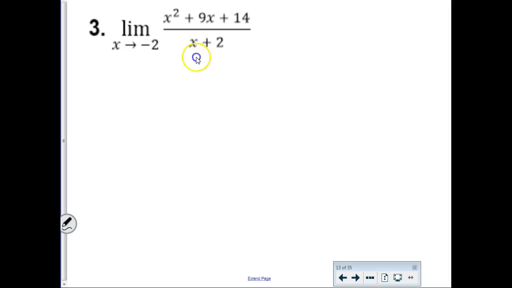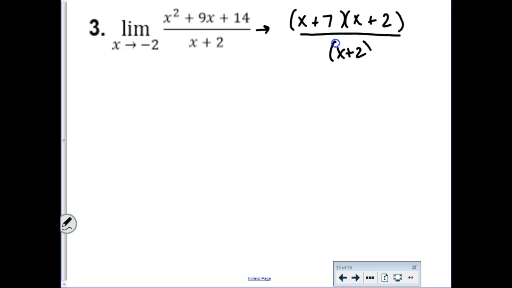So let's take a look at this one. We're going to have that issue, right? If I plug in a -2, I'm going to have a divide by 0. So a little factoring from you guys. Last day of pre-calc learning. Don't fail me now, guys. How do you factor x squared plus 9x plus 14? There you go.